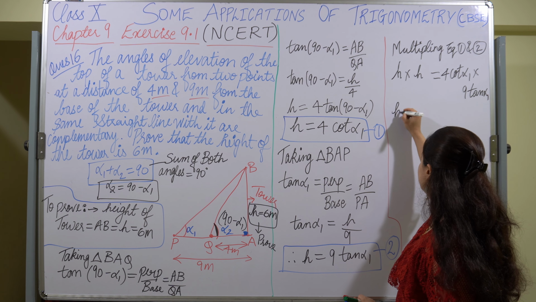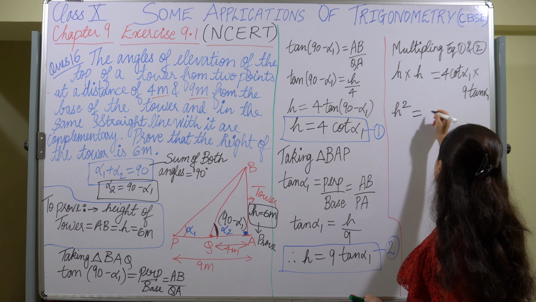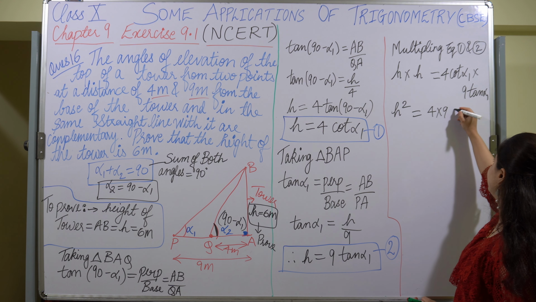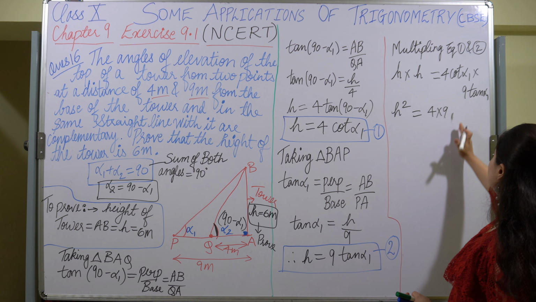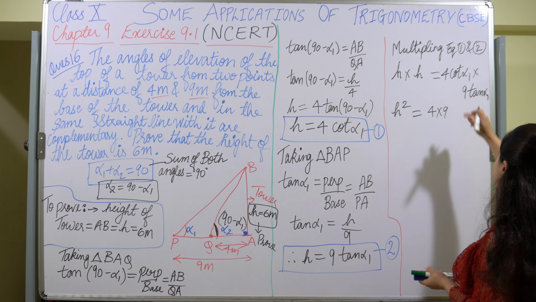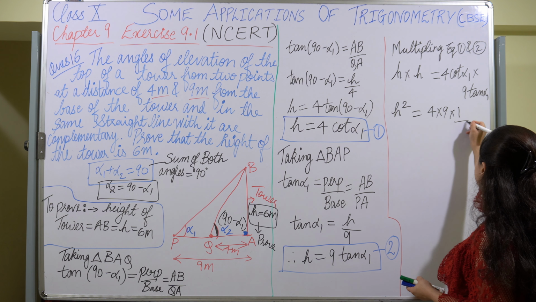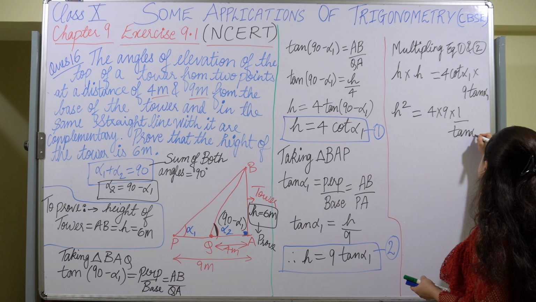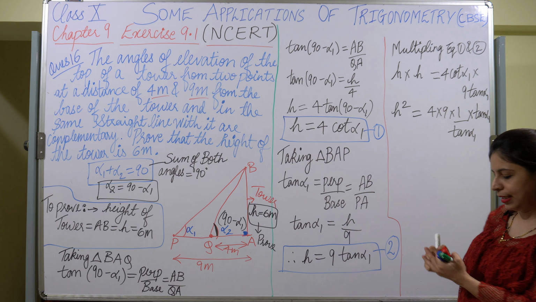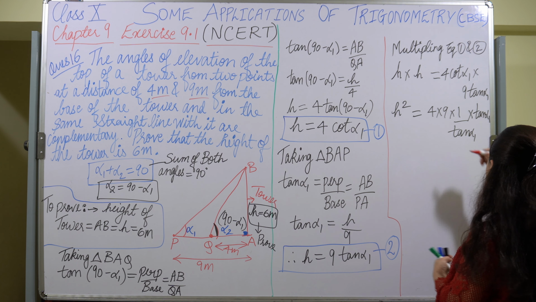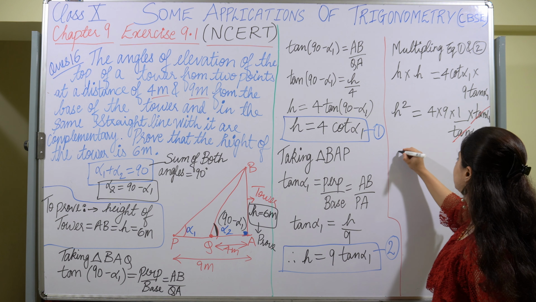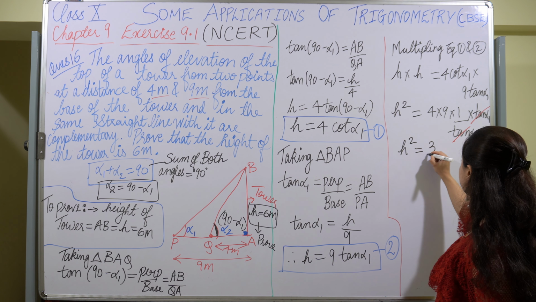So H square will be equal to 4 into 9, that is 36, and cot is the reciprocal of tan. We can convert cot alpha 1 to 1 upon tan alpha 1, and since we already have tan alpha 1, the tan and tan get cancelled. So we are left with H square equals 36.